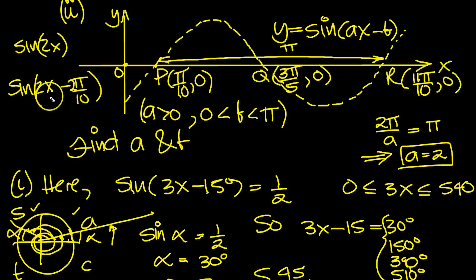Sine 0 is 0, and that's where that point is, so it's moved over. So a is 2, and b equals 2 pi over 10, which equals pi over 5.